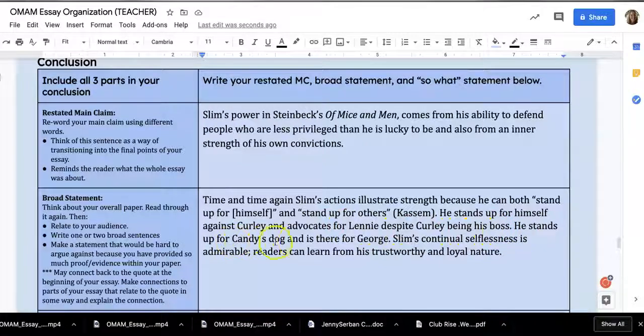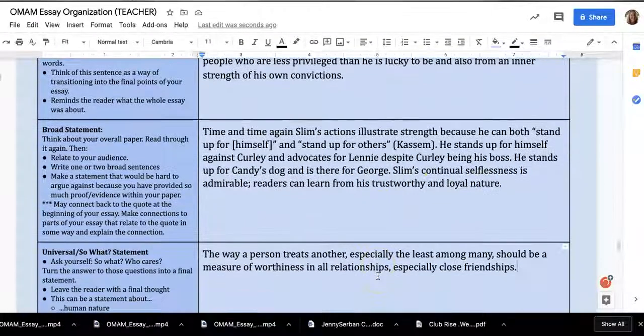He stands up for Candy's dog and is there for George. Slim's continual selfishness is admirable. Readers can learn from his trustworthy and loyal nature. The way a person treats another, especially the least among many, should be a measure of worthiness in all relationships, especially close friendships. And that's it.